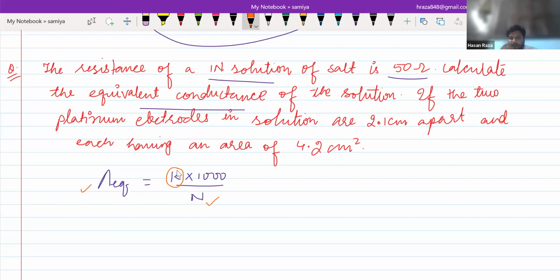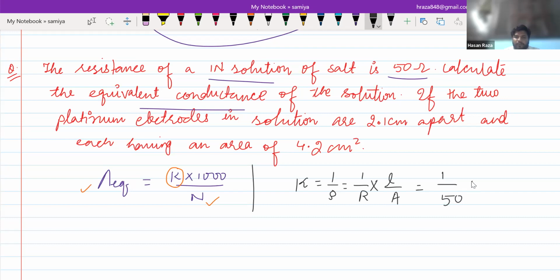So we need to calculate kappa first, and kappa is 1 by rho, where rho is resistivity. Since rho is not given, we will use the formula rho into L by A. Now just see, kappa will be solved. R is 50, L is 2.1, and area is 4.2.